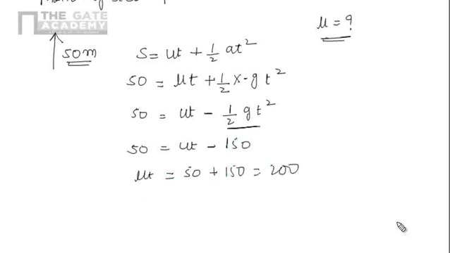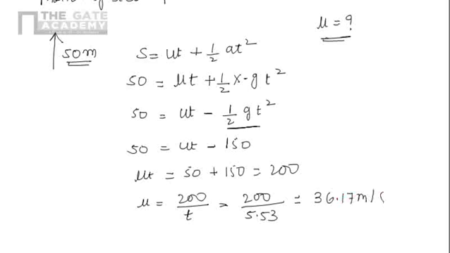So u will be 200 divided by t, and we have already calculated the value of t, it's nothing but 5.53 seconds. If we divide 200 by 5.53, then we will get 36.17 meters per second. So the velocity of projection for the second particle in upward direction will be 36.17 meters per second.